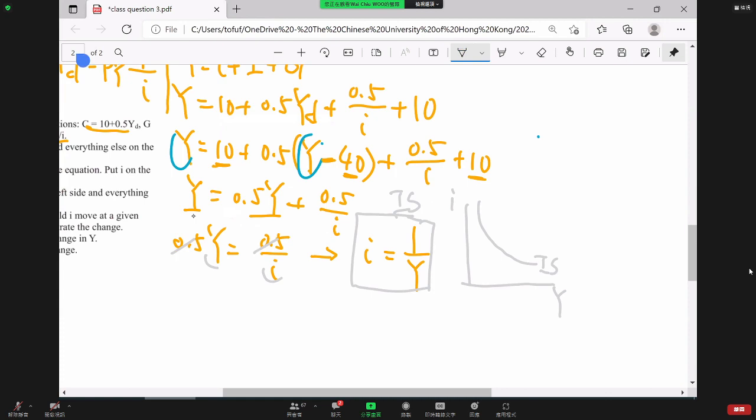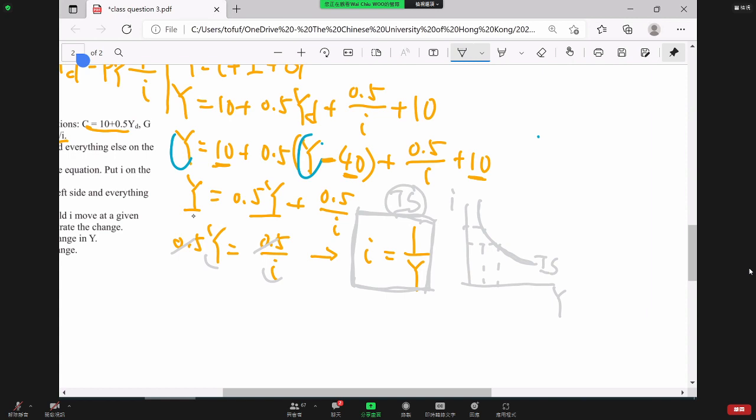Okay. And I would also advise you that whenever you get a function as the final solution, you may check with your intuition. For example, here you are asked to solve the function to stand for the IS curve. And you know by your economic knowledge that the IS curve is downward sloping, right? Higher I, lower Y. Does this IS function satisfy your want?